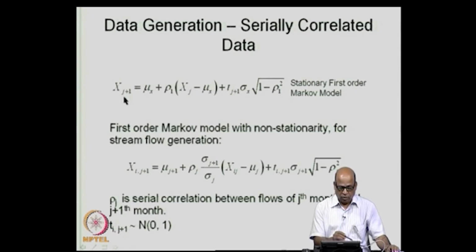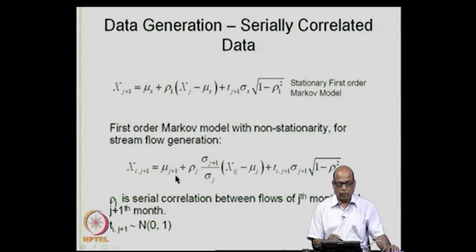By introducing one more index here. So, i is the year and j is the month. So, we are generating for the ith year and j plus 1th month or j plus 1th season if you like. So, what was mu x, which means you had one mean for the entire sequence, we now convert that into mu of that particular season for which you are generating the data.